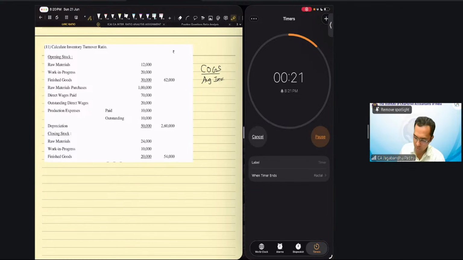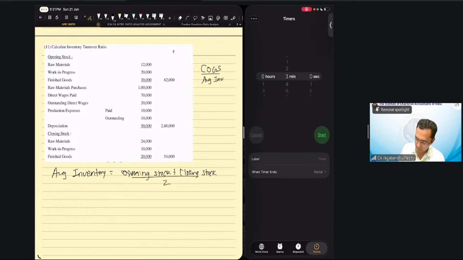Okay, so what is the average inventory number? Average inventory is going to be opening stock plus closing stock divided by 2.